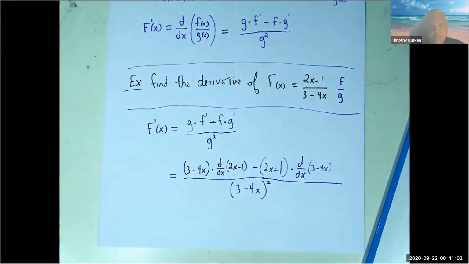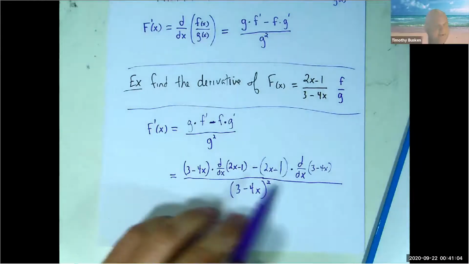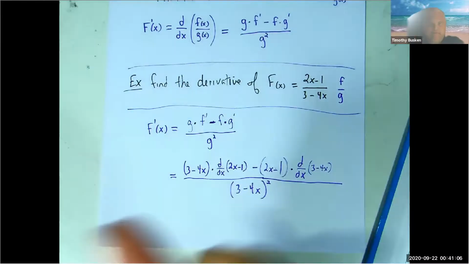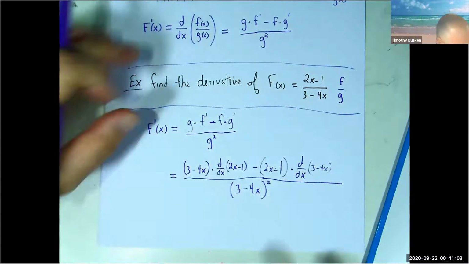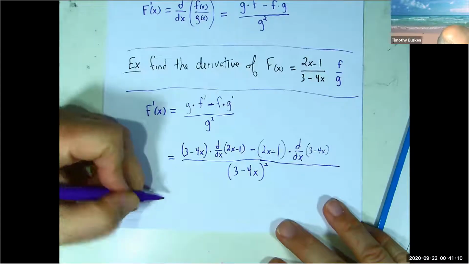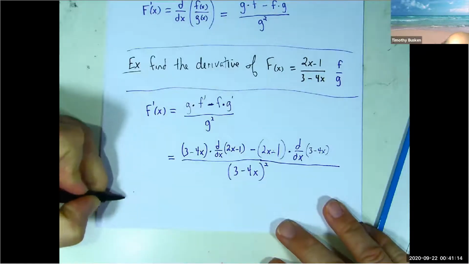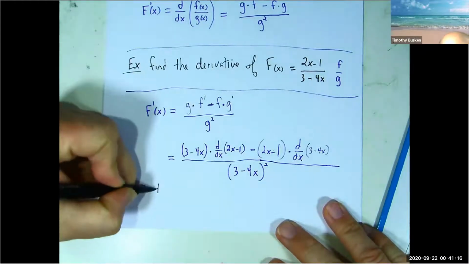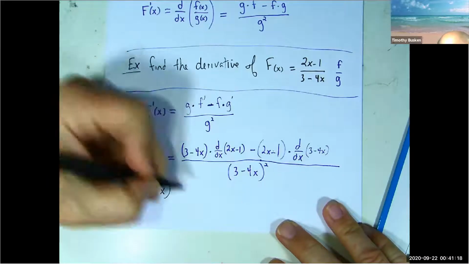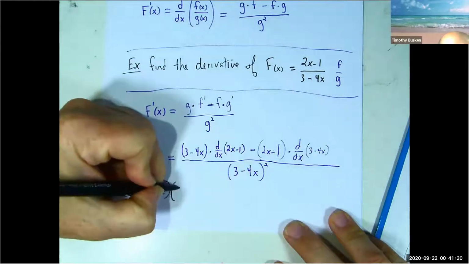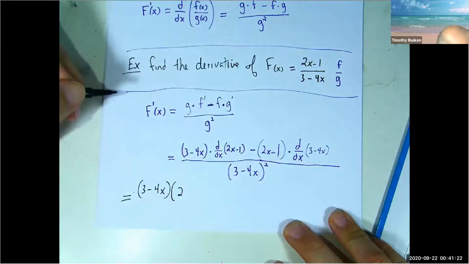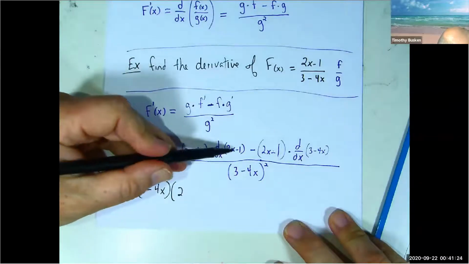On the next step, we're going to go ahead and find these derivatives. Afterwards, we're going to simplify. Okay, so then this is going to be equal to 3 minus 4x times 2. Right, what's the derivative of 2x minus 1?